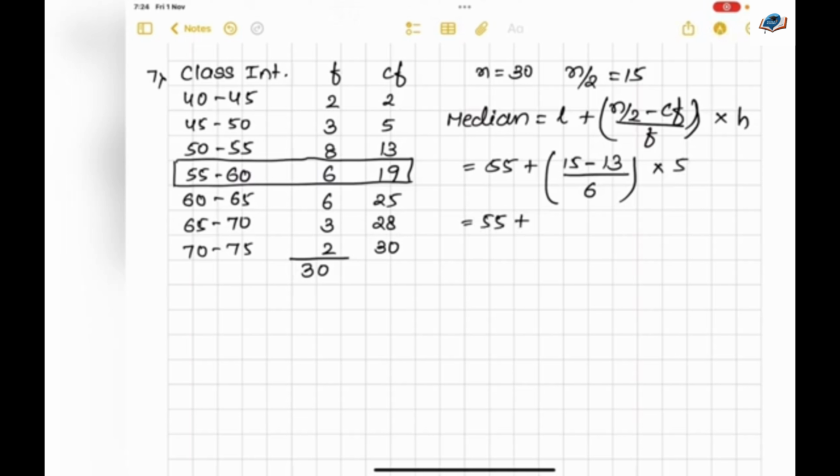So this will be 55 plus 2 by 6 into 5. So this will be 55 plus 5 by 3. So 5 by 3, if I find, it will be 1.67. So this will be 56.67.